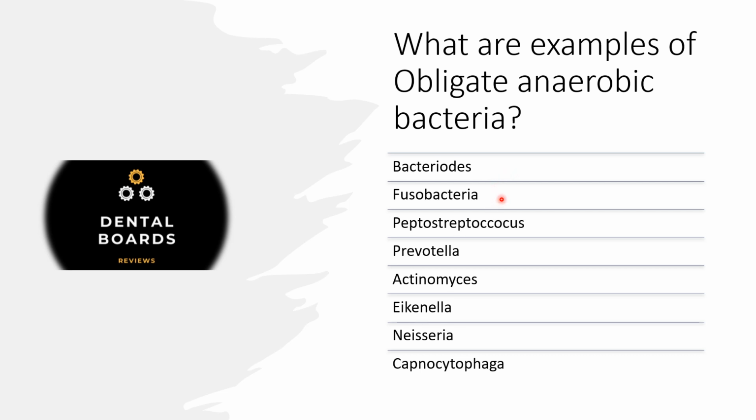In chronic periodontitis, when a person has deep pockets, at the deepest area of the pocket you're going to find some of these bacteria: Fusobacteria, Streptococcus, Prevotella. These are very common in periodontitis. Also in abscesses: Actinomyces, Eikenella, Neisseria, and Capnocytophaga. These are obligate anaerobes, and they die when exposed to oxygen.